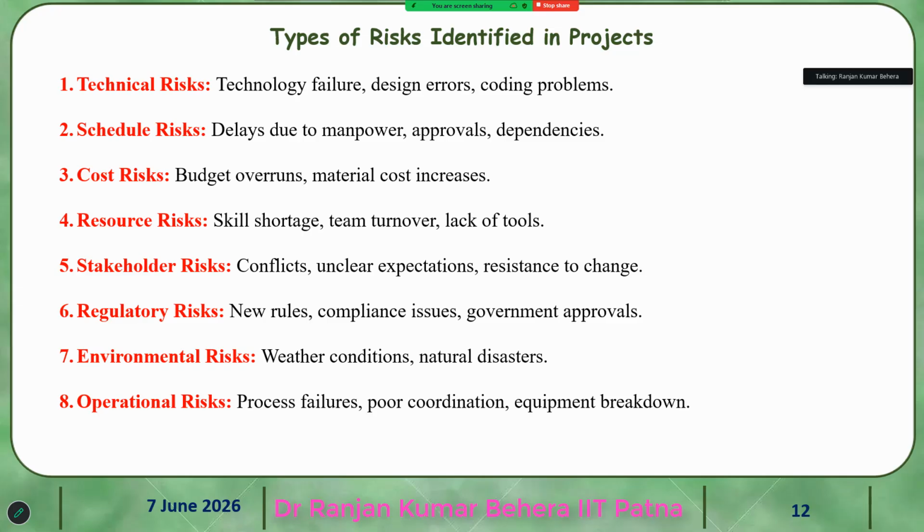Then regulatory risk. Suddenly new rules came for the automobile industries, and the regulatory risk takes us to something different altogether. And then new rules and regulations, sometimes the government changes and they put in other rules and regulations. Then there are compliance issues, whether the new rules and regulations are met by what we have developed. For example, initially CFL came.